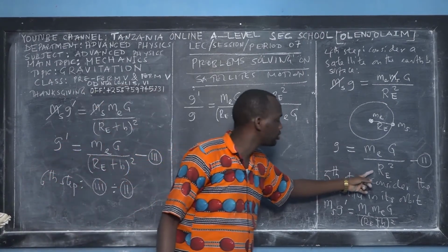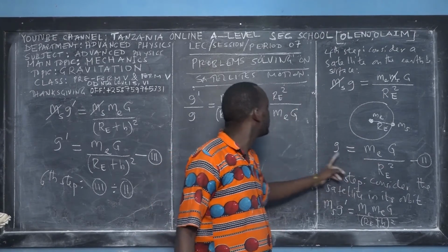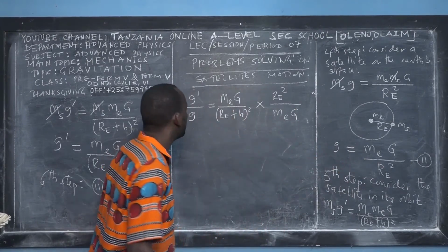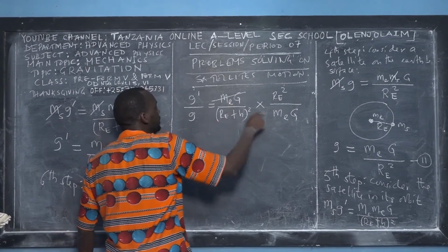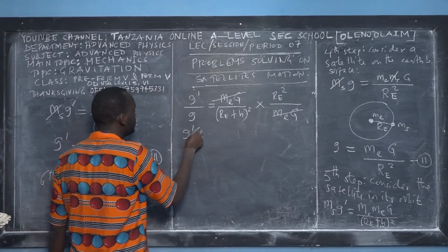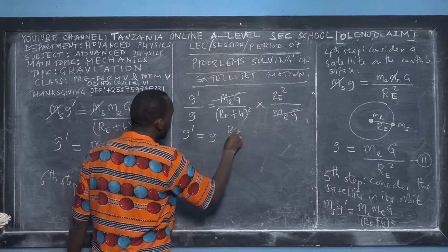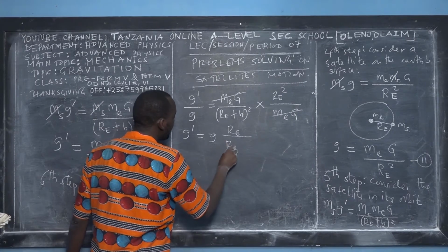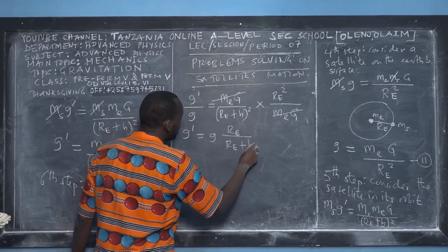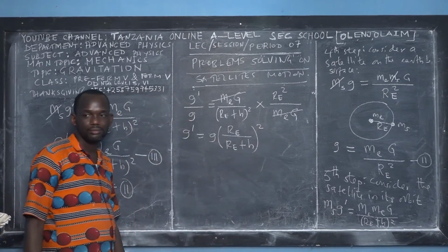So the denominator becomes the numerator and the numerator becomes the denominator. If that's the case, these are the same constants, so they will cancel, and then we say that g dash is equal to g times the radius of the Earth over the radius of the Earth plus the height of the satellite above the Earth's surface, squared.